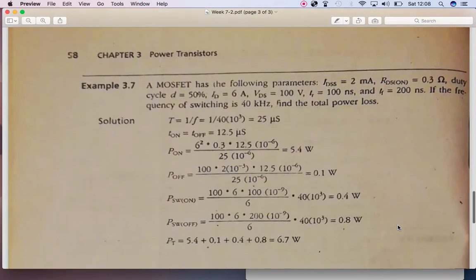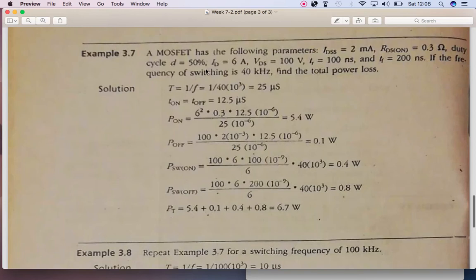In the second numerical, we have the power MOSFET, we have the leakage current value given over here, and we have the resistance between the drain and source, which is 0.3 ohm, and we have the duty cycle given to us. We have the output current value, which is the drain current over here.